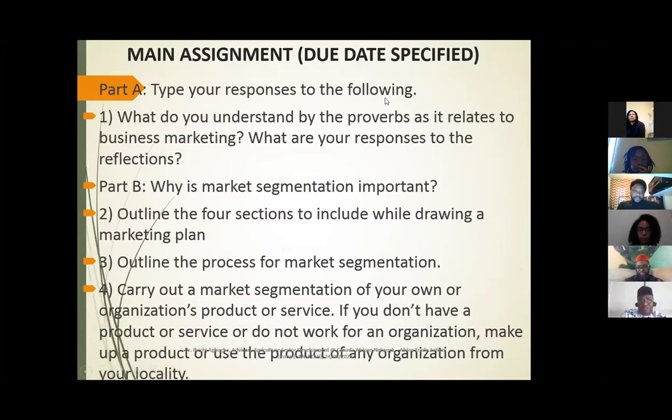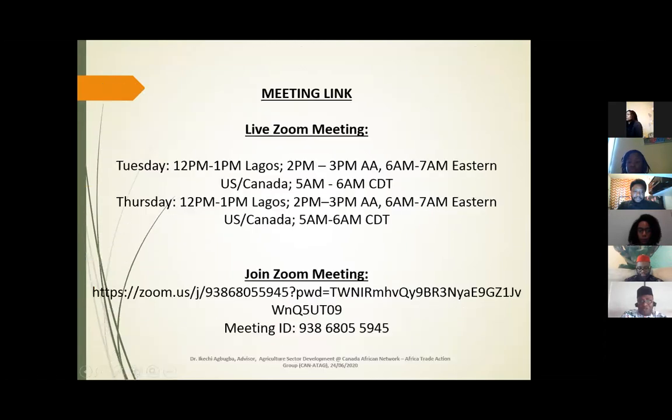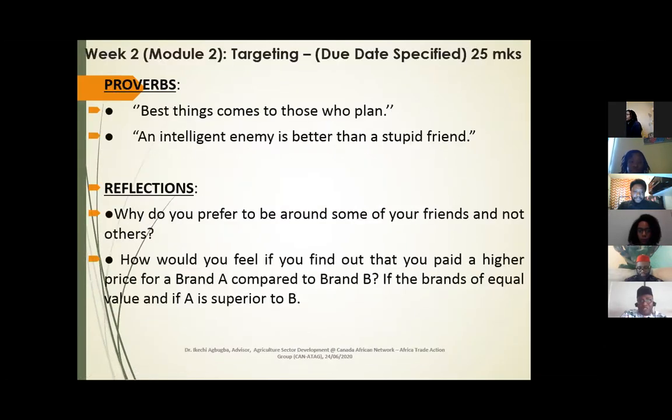Before that, these are the main assignments for the first or second module. This is second module for targeting. Some proverbs are already there to help them also understand. Best things come to those who plan. An intelligent enemy is better than a stupid friend. Reflections.